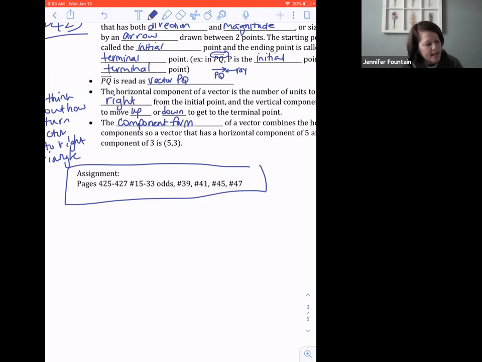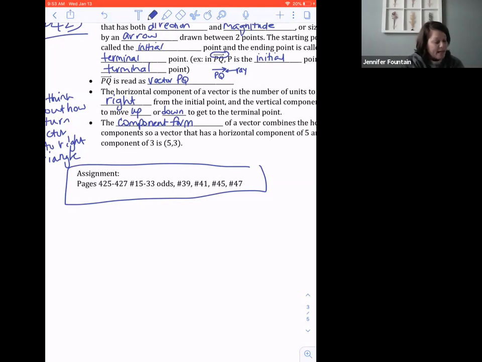If you notice that for 25 through 29 odds, it gives us the translation. It's starting out as (x, y), and then it says I'm going to have to add 12 to X and subtract 7 from Y. And all you're doing is giving what the component form would be. What are my new coordinate points if I add 12 to X and subtract 7 from Y? That's all that is telling me to do there.